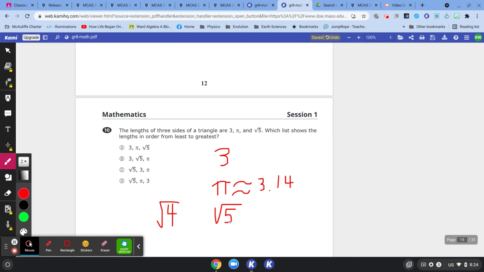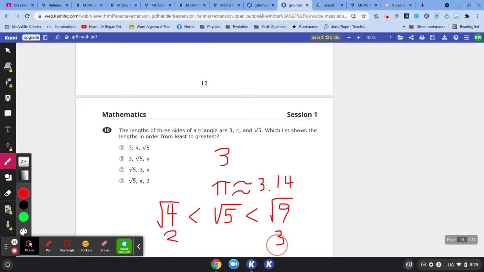The next perfect square after 4 is 9, so the square root of 9 is bigger than the square root of 5. I'll set up the inequality like this. Then let's resolve it: the square root of 4 is 2, so 2 is less than the square root of 5, and the square root of 9 is 3.